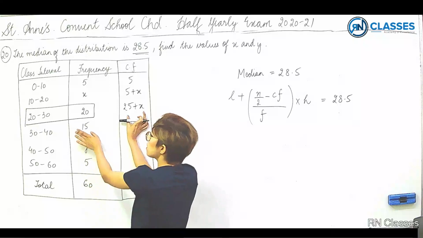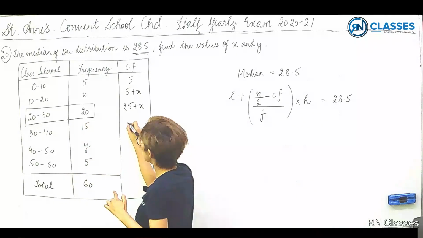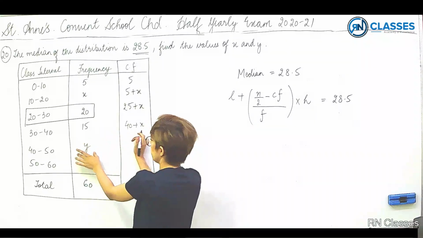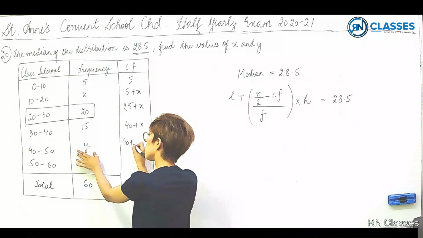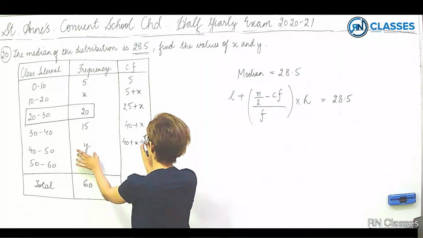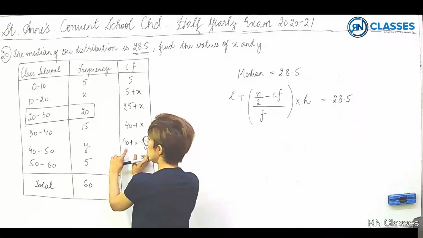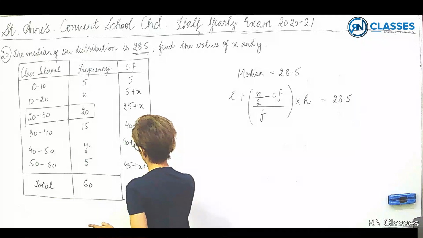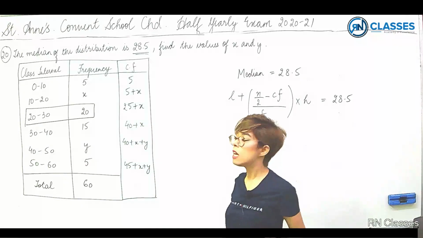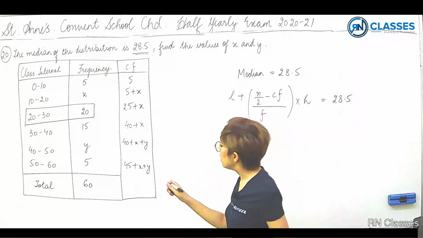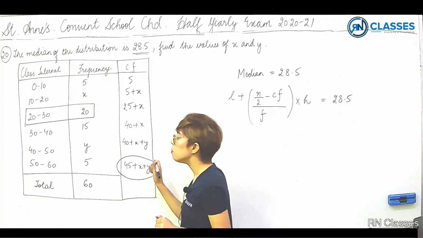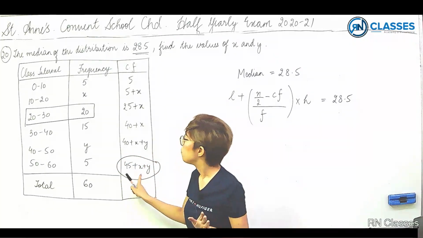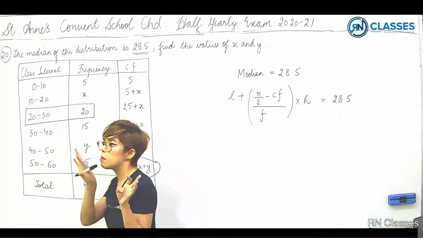Then 25 plus x plus 15, that is 40 plus x. Then 40 plus x plus y. And then last but not the least, it will be 45 plus x plus y. Careful, the last cumulative frequency should be equal to the total one. Maybe we'll use it.